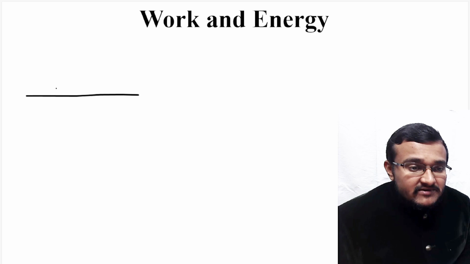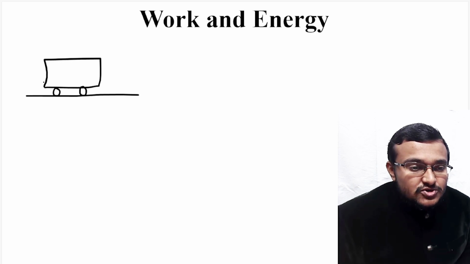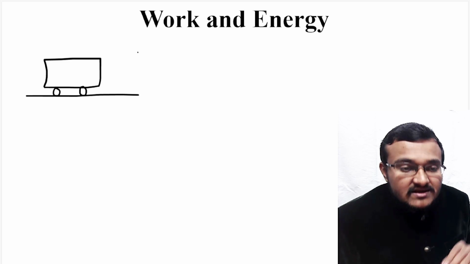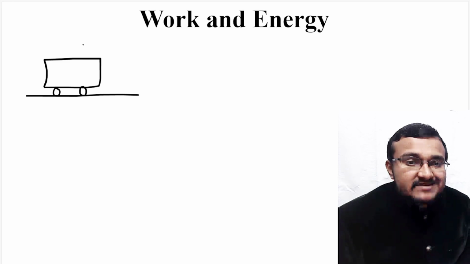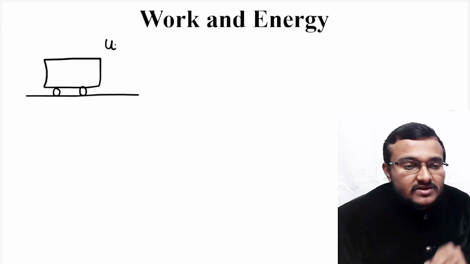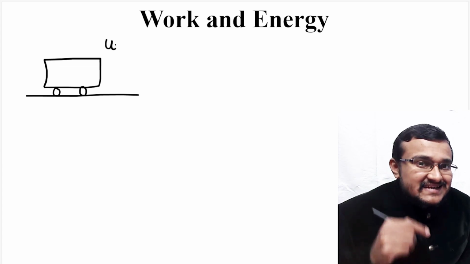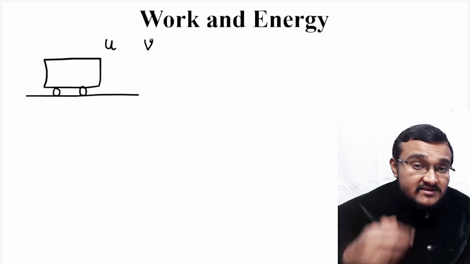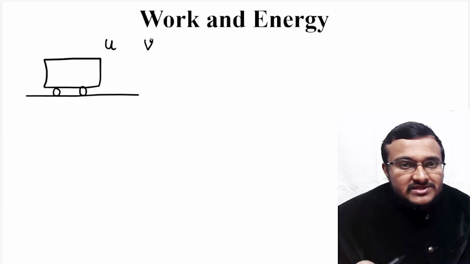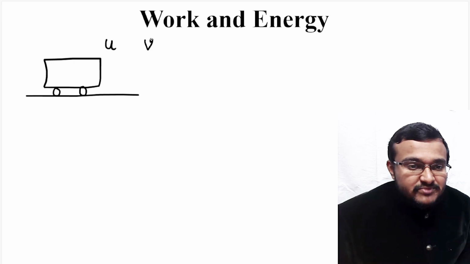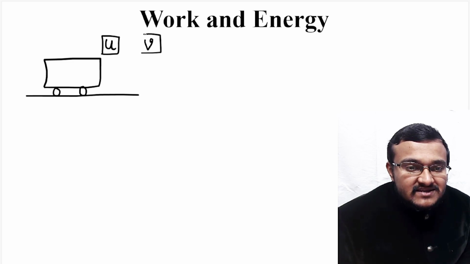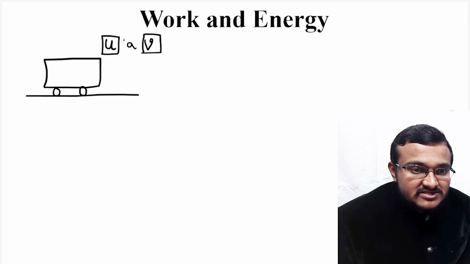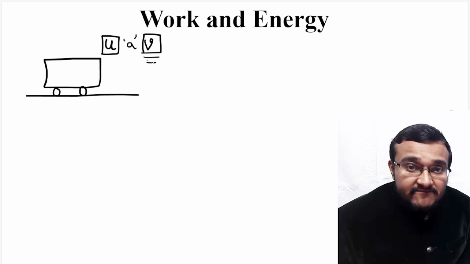So for example, we will take the same car which is moving at a certain speed. Let's say this is a car, and this car has a certain uniform speed u. Now there is an acceleration in this car and it reaches another velocity, the final velocity. Initial speed was u, and after acceleration a comes into the picture, there is final speed v.